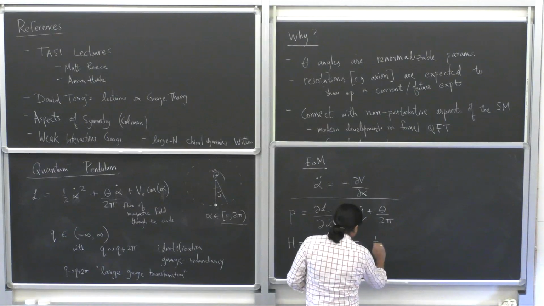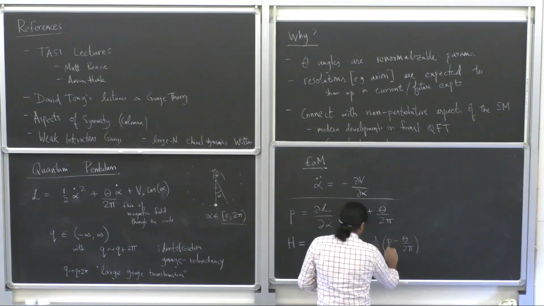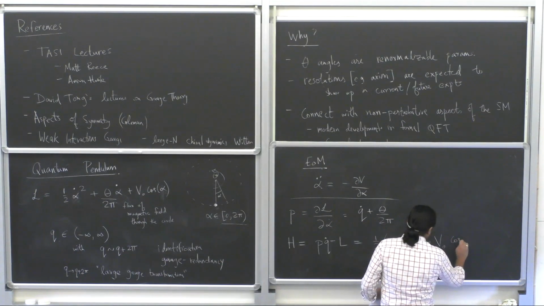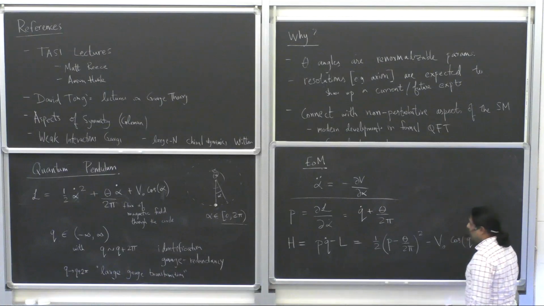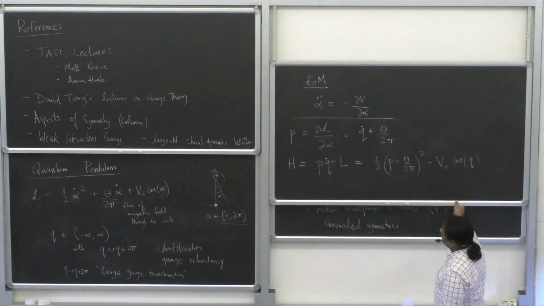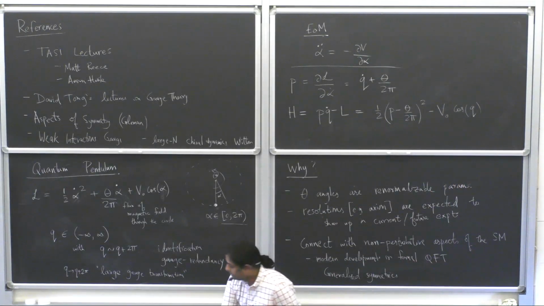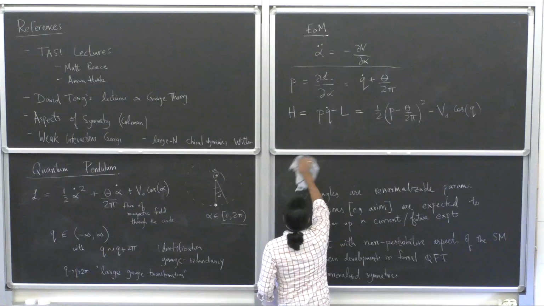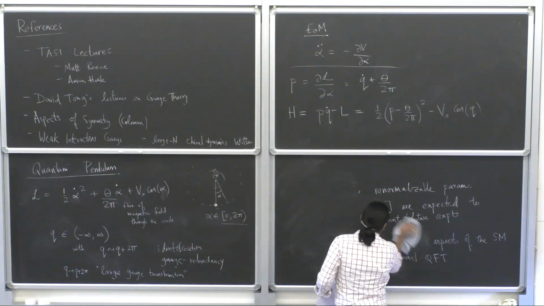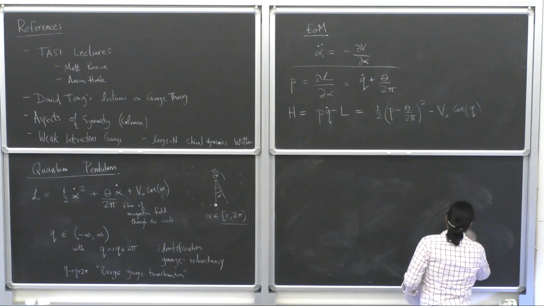We get something like this. So the Hamiltonian does have theta dependence, and we can solve for the spectrum of this theory and see what it looks like.